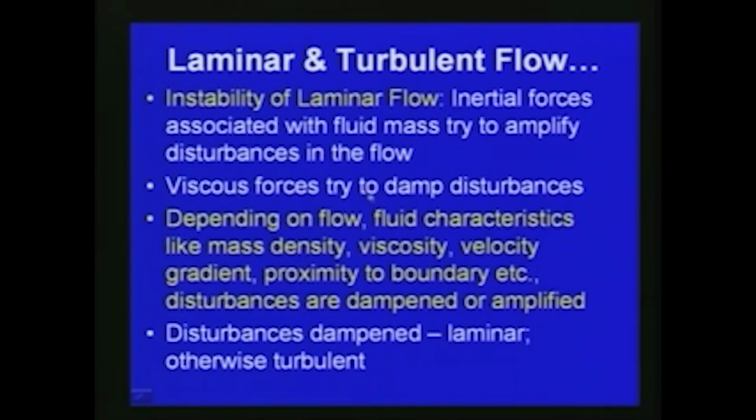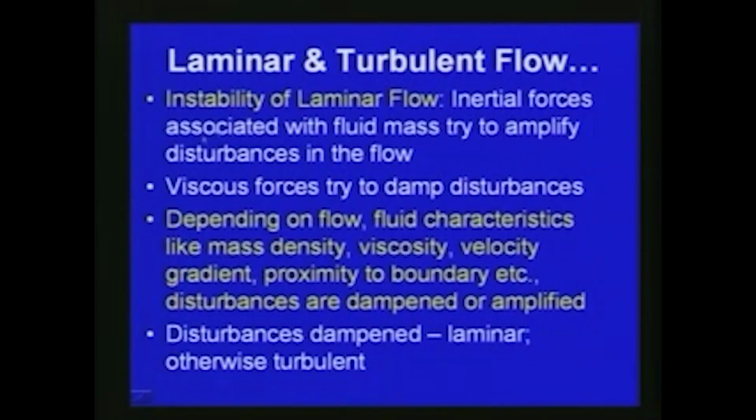The viscous forces try to damp these disturbances, but if the forces amplifying the disturbance predominate over the viscous forces, then we say that the laminar flow becomes unstable, or instability of laminar flow takes place. Depending on fluid characteristics like mass density, viscosity, velocity gradient, and proximity to boundary, the disturbances are dampened or amplified.